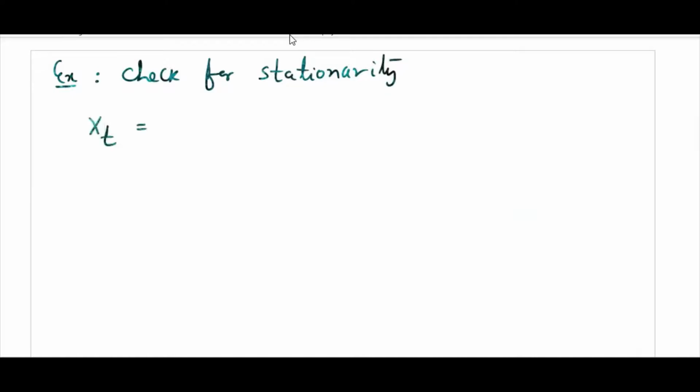In this example, you have 11 upon 6 xt minus 1 plus et. Okay, this is the example. Now you need to check.